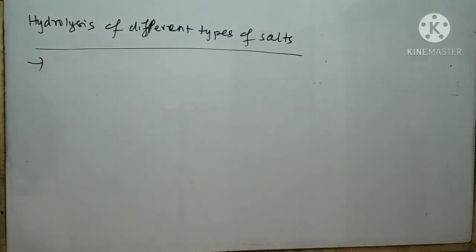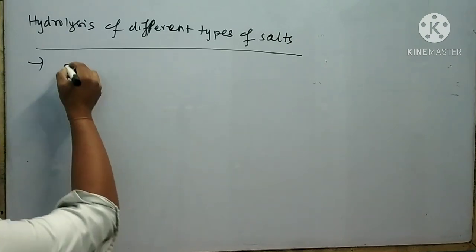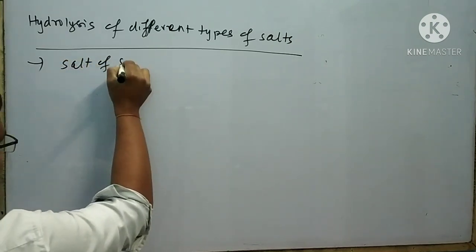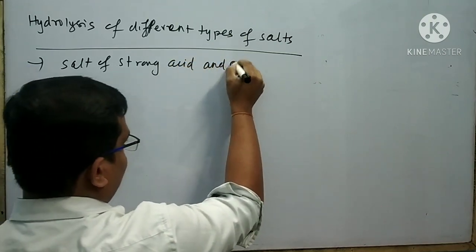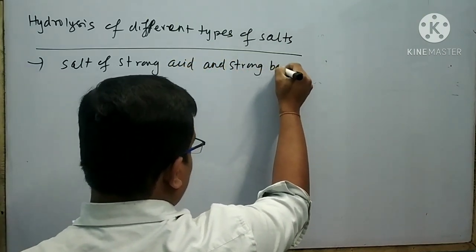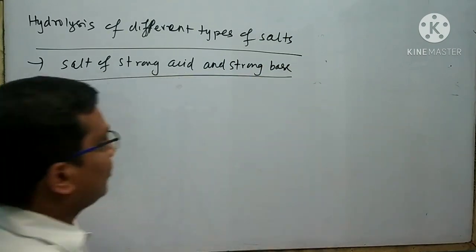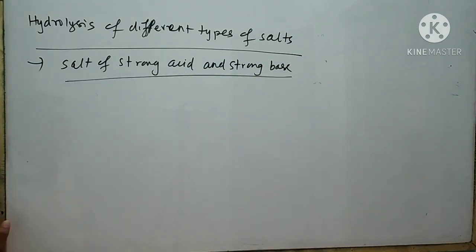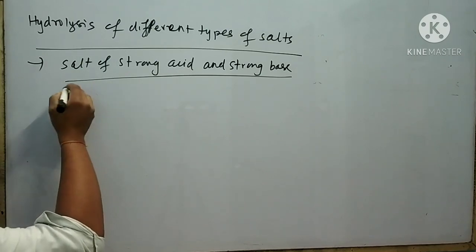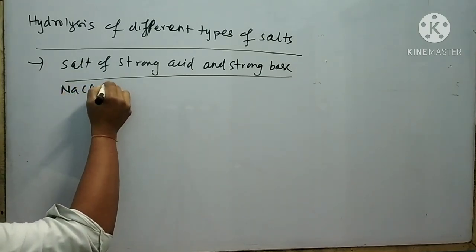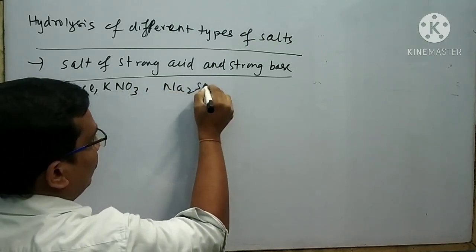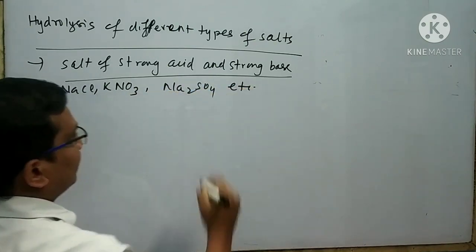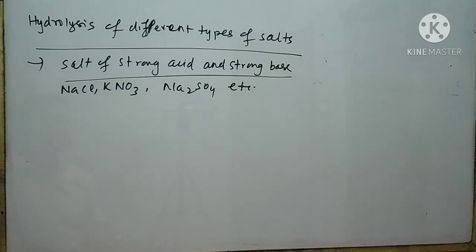At first, I want to explain the hydrolysis of salt of strong acid and strong base. There are many examples of salt of strong acid and strong base. The examples are sodium chloride, potassium nitrate, etc. Suppose I want to think about the hydrolysis of sodium chloride.